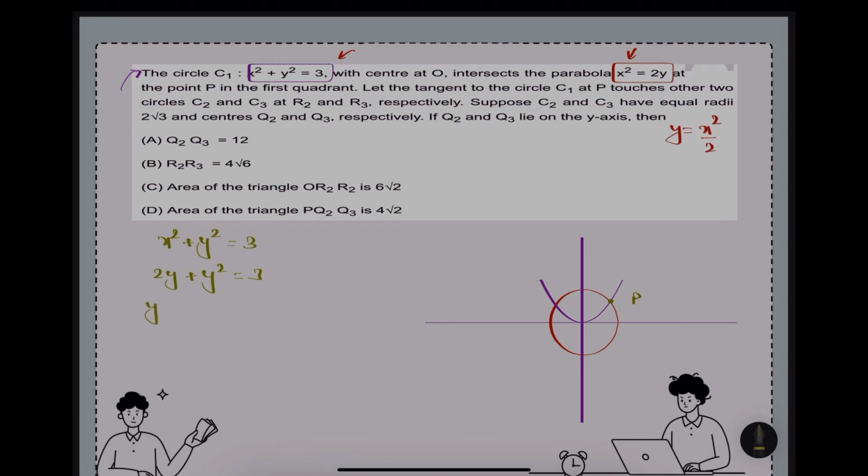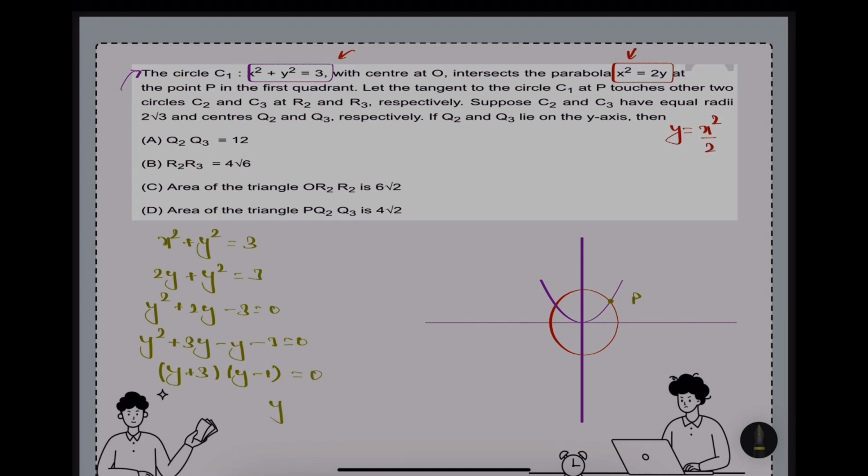Now everything this side, minus 3. Now let's factorize this one. So y square plus 3y minus y minus 3 equals 0.